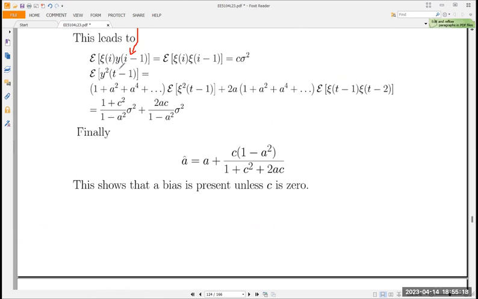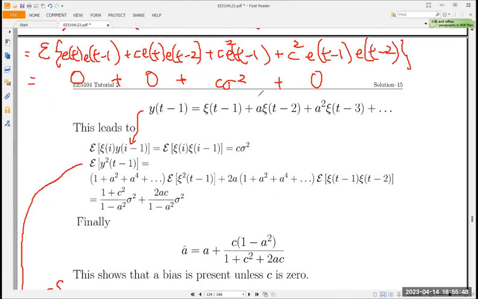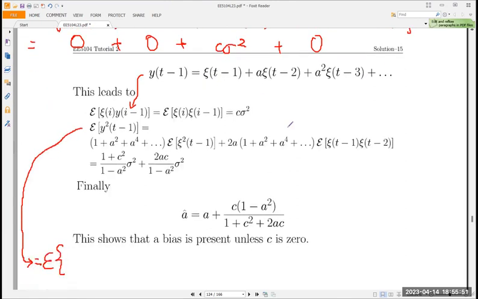This one here must be equal to the expectation of this one, where y_t minus 1 is equal to this. So I take this.